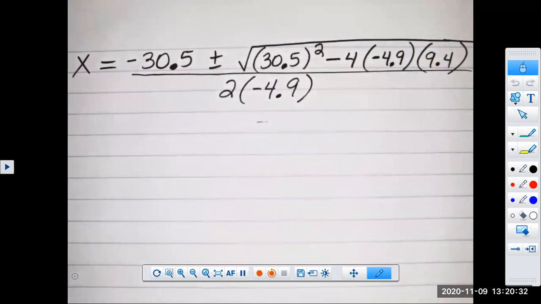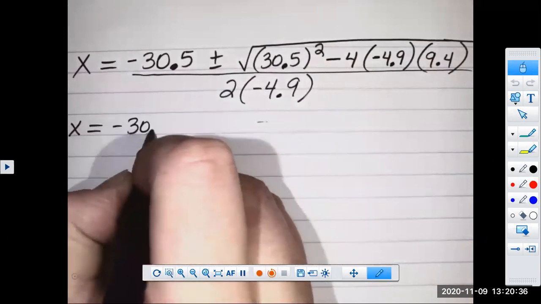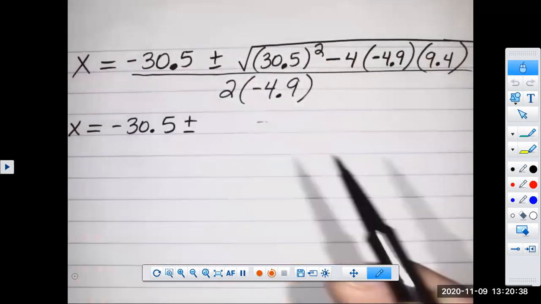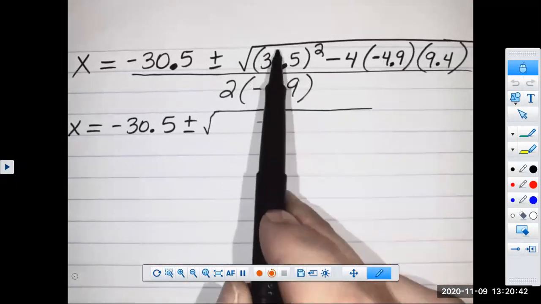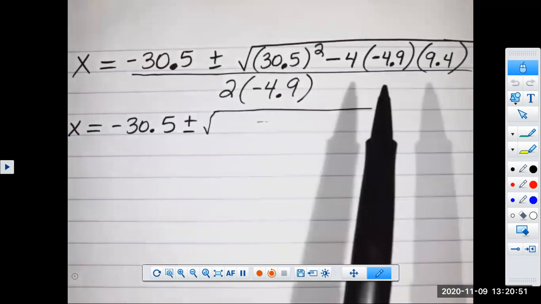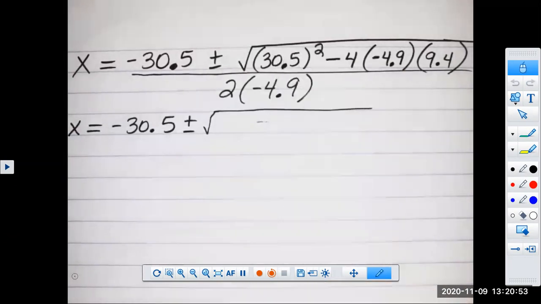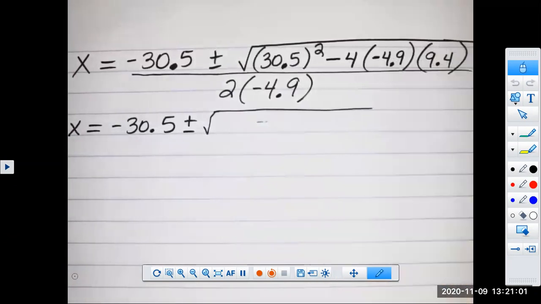Okay, before you type this in a calculator, I would go through and clean it up some. For example, if I were you, I would go through and find out what this discriminant value is. Type in 30.5 squared to your calculator on your phone, or if you have a calculator, minus 4 times that times 9.4.